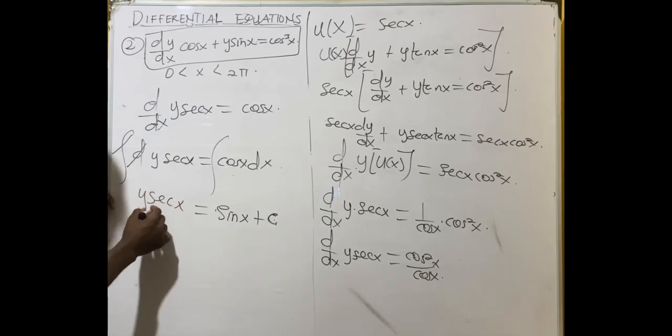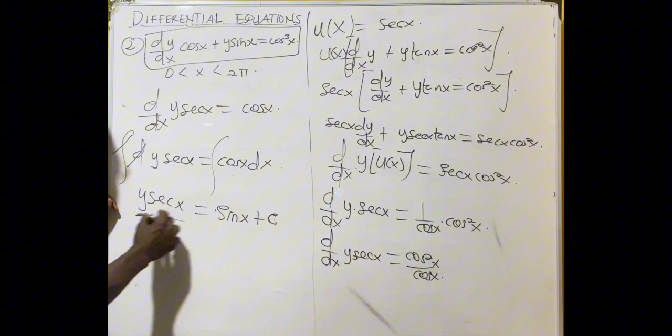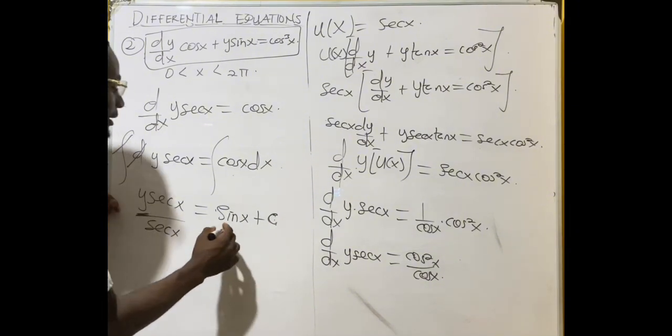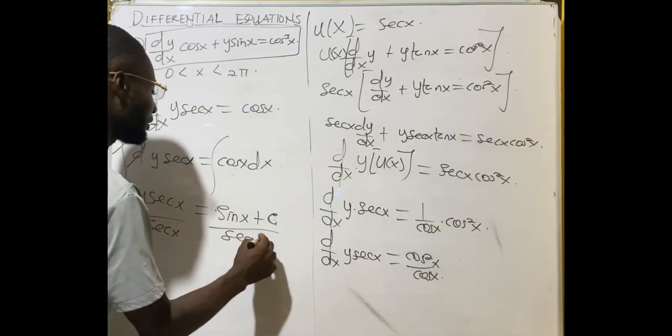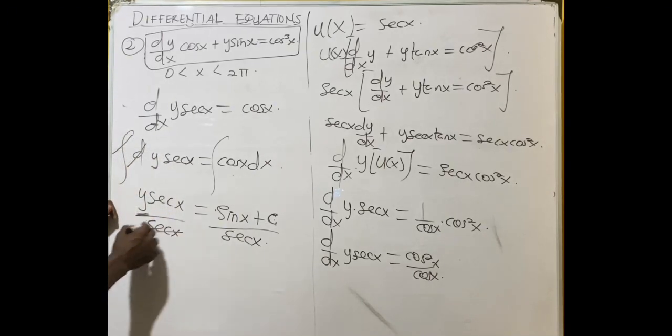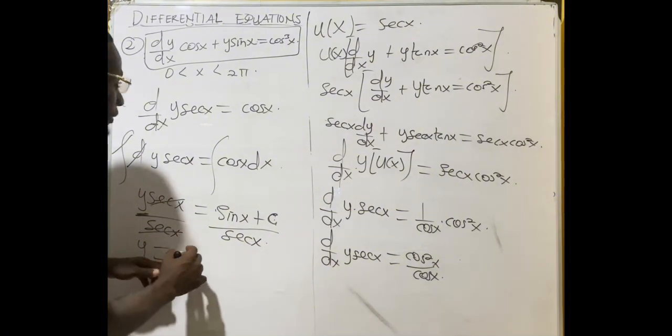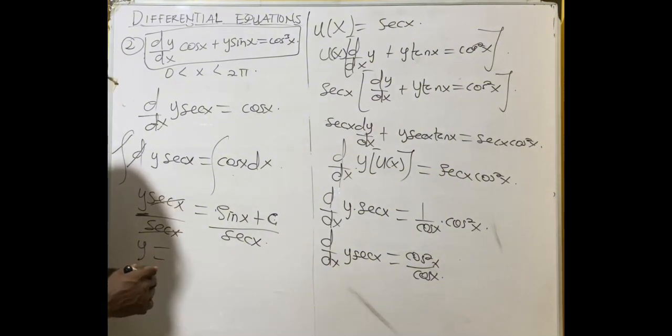So this is what we have. We need y so that it can be explicit. So we divide this by sec x, this by sec x, right? So this cancels this, and we have y to be equal to, 1 over sec x is what? Cos x.